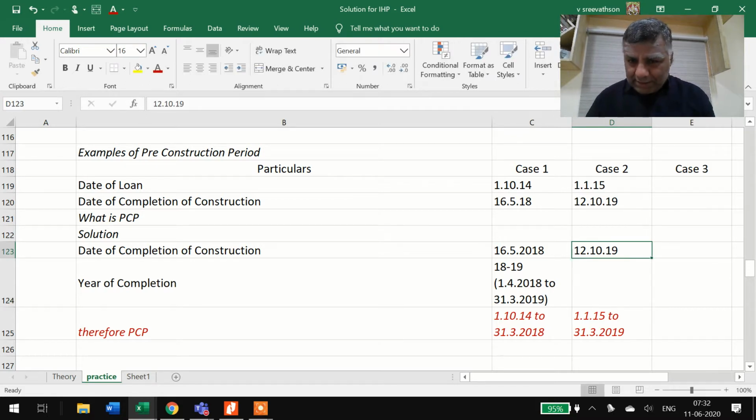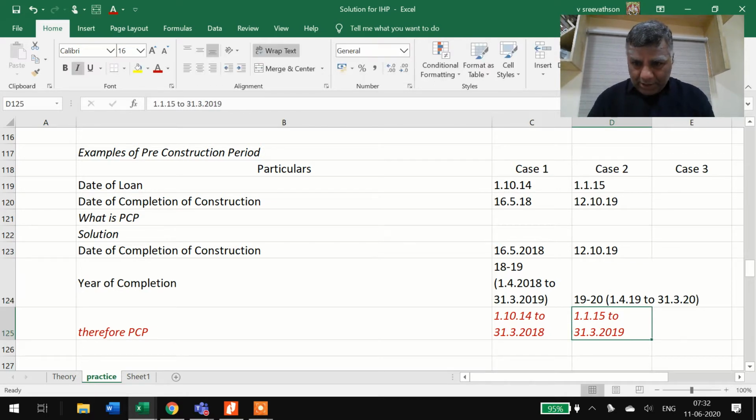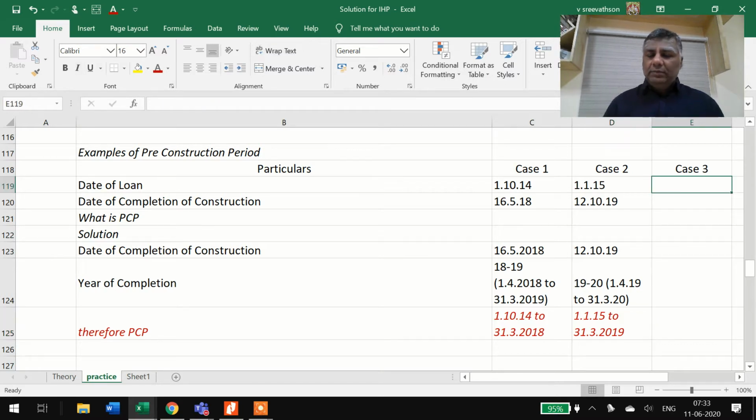So 12/10/19 falls in the year 1920, which is nothing but 1/4/19 to 31/3/20. So the year preceding is the answer: before 1/4/2019, so it will end with 31/3/2019.